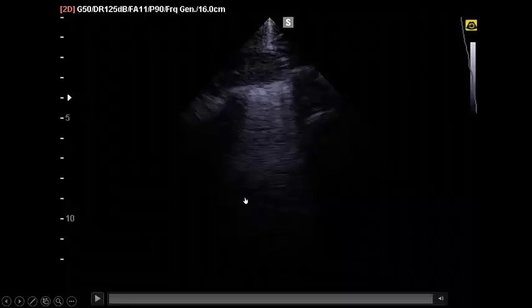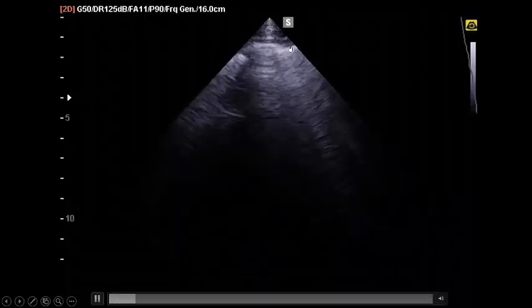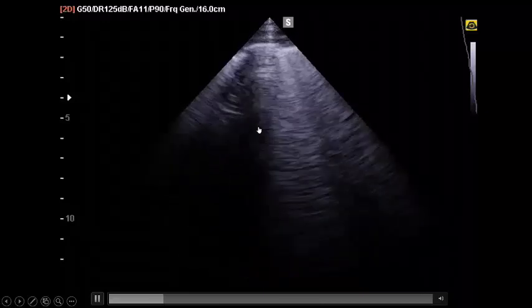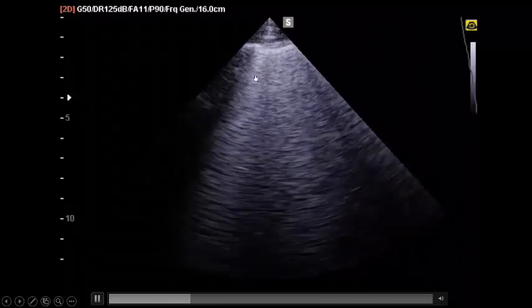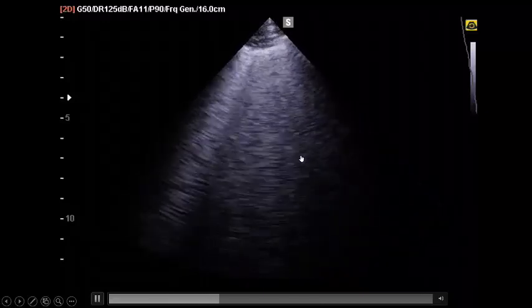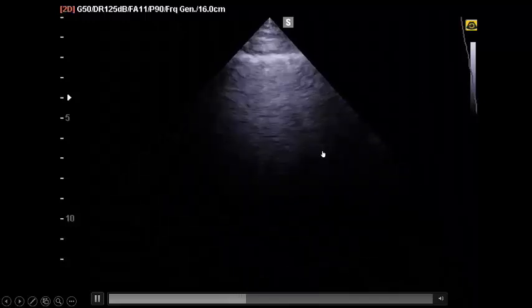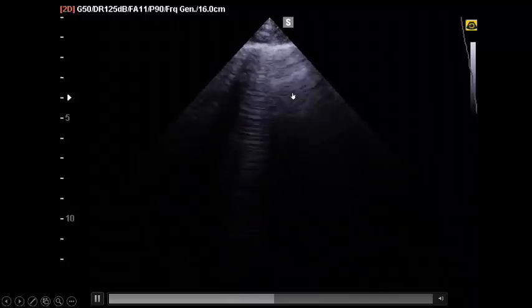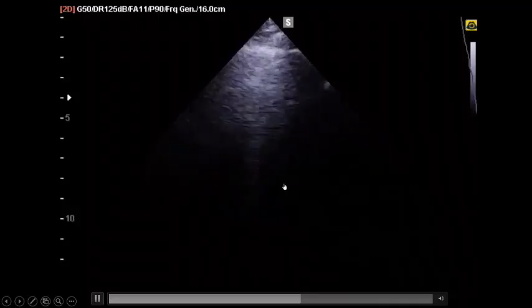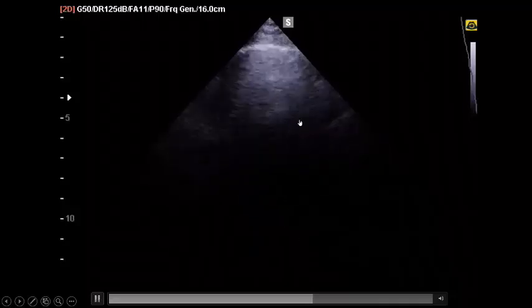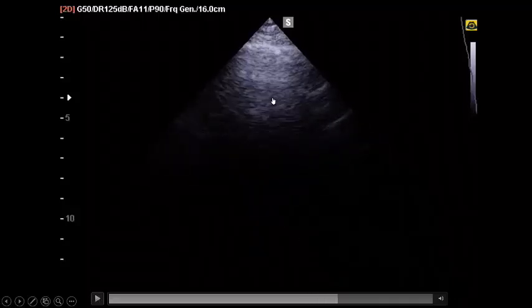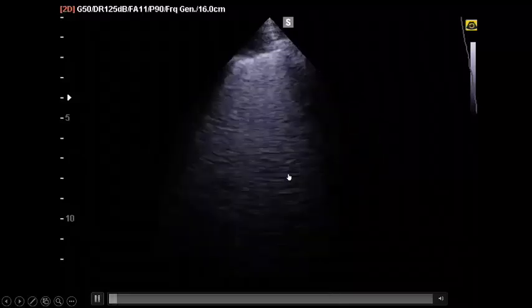In another area, there is very thick pleural line with diffuse B line, and at the same area, nearby, there is A line. That means A line beside B line.